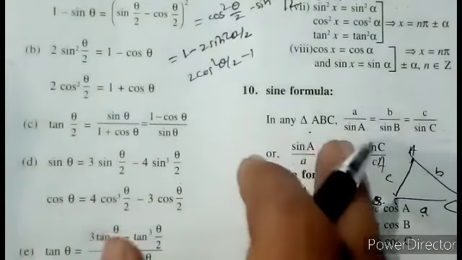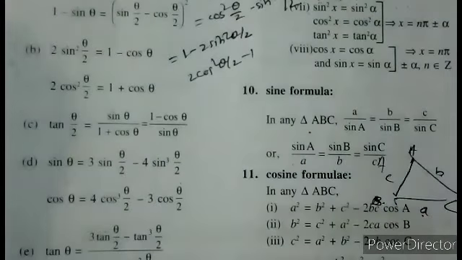So small a upon sin A, small b upon sin B, is equal to c upon sin C. Or we can say sin A upon small a is equal to sin B upon small b is equal to sin C upon small c.